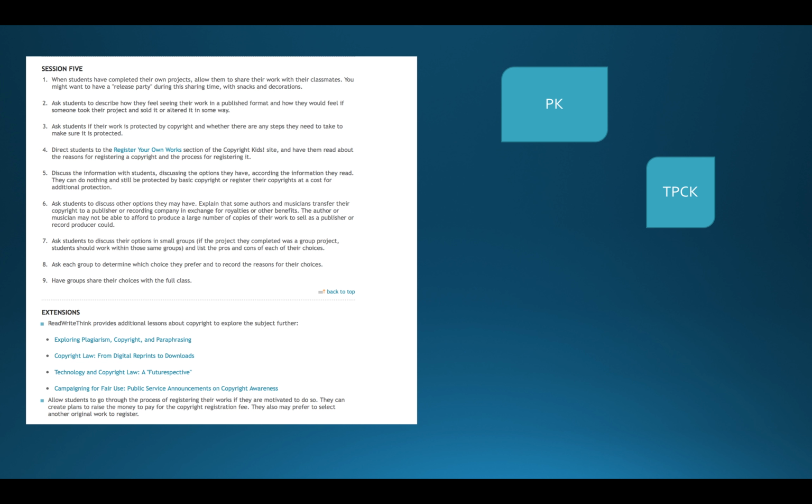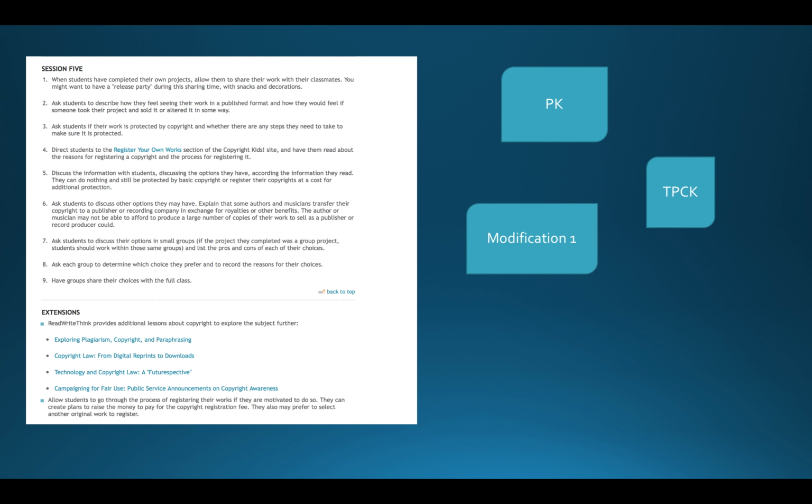So directing students to the Register Your Own Works, obviously I would have to be aware of the content that is in the curriculum, and knowing whether these tools are trustworthy, and then asking students to discuss their opinions they may have. So pedagogically, it's good for, I believe, a teacher to kind of once again gauge where her students are at. It's a good time for reflection, which is really important to get feedback and to understand what's working and what's not.